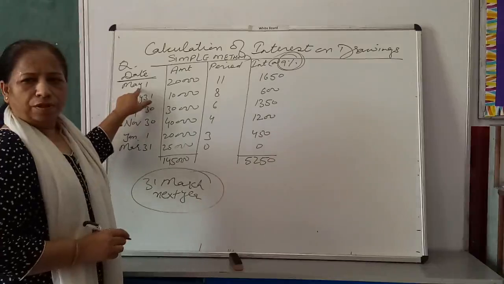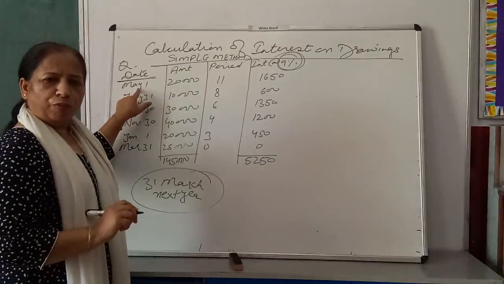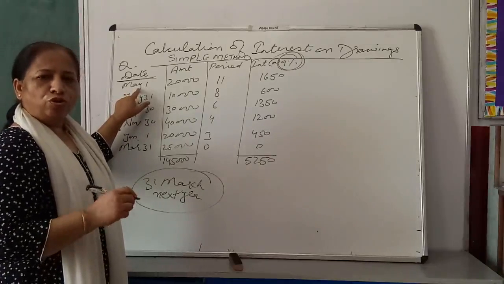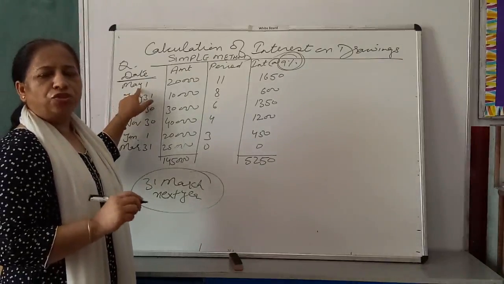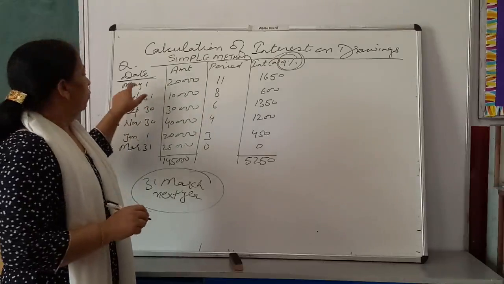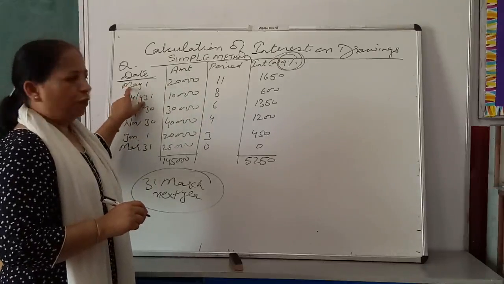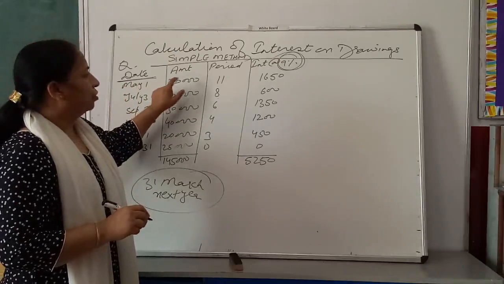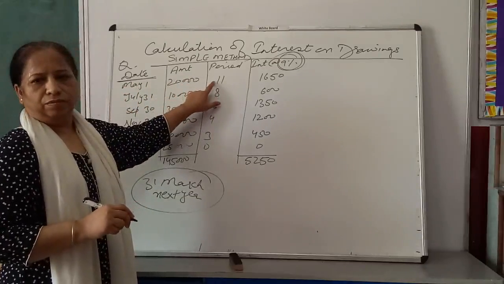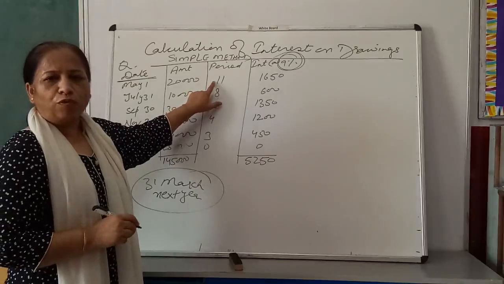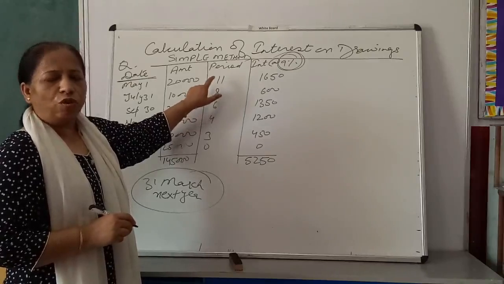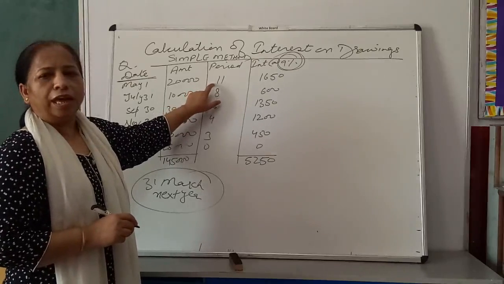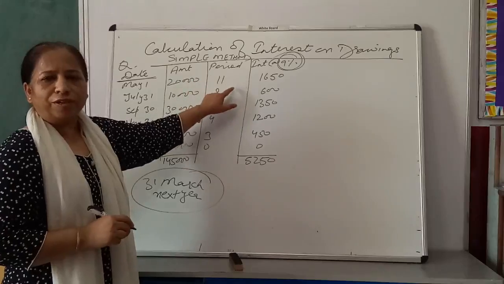From May 1st, full months of May, June, July, August, September, October, November, December, January, February and March. When you are drawing money on May 1st, you will use this 20,000 for 11 months. That means interest on drawings will be calculated for 11 months by the simple method.